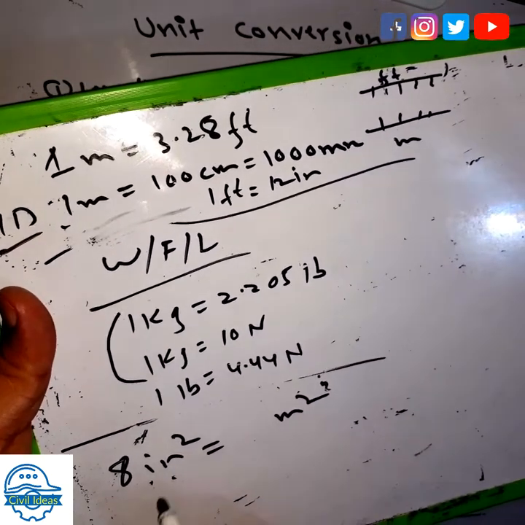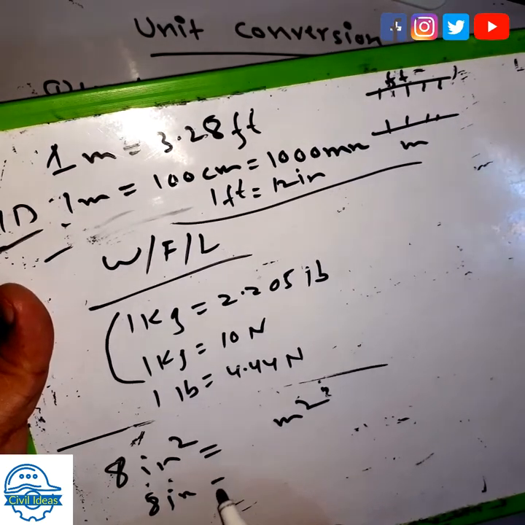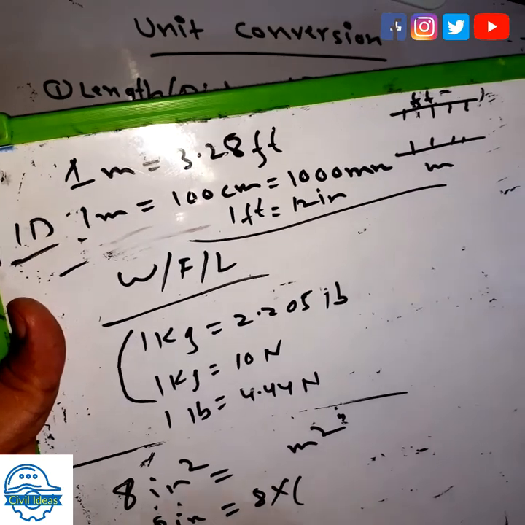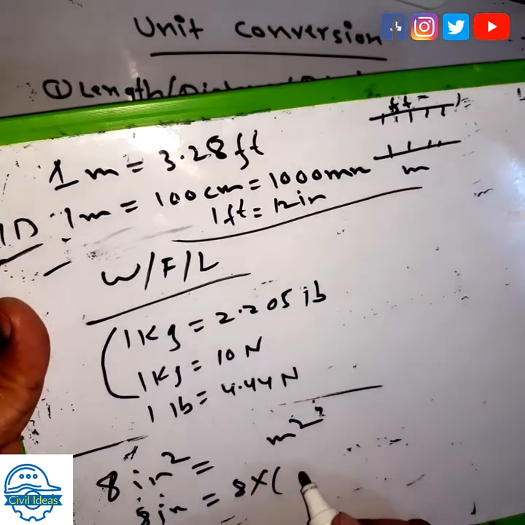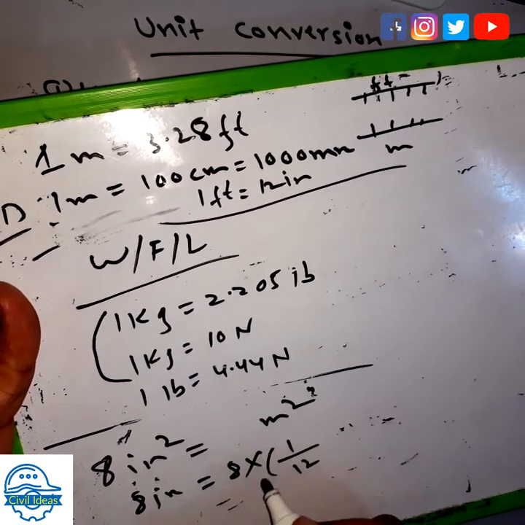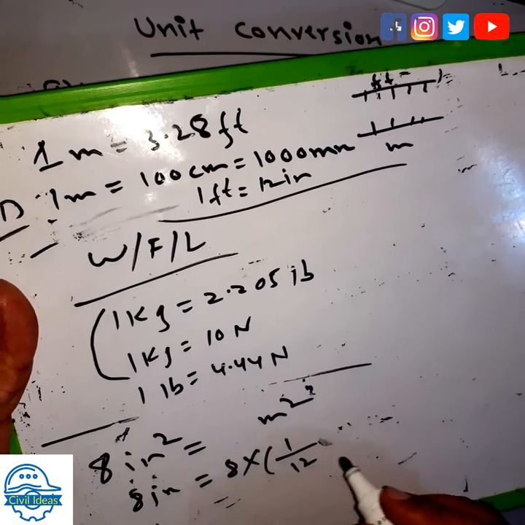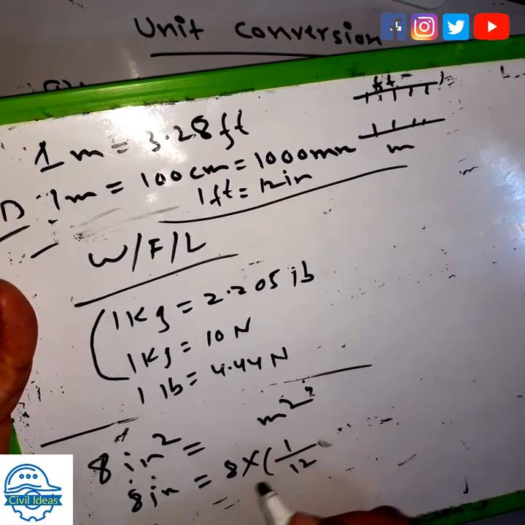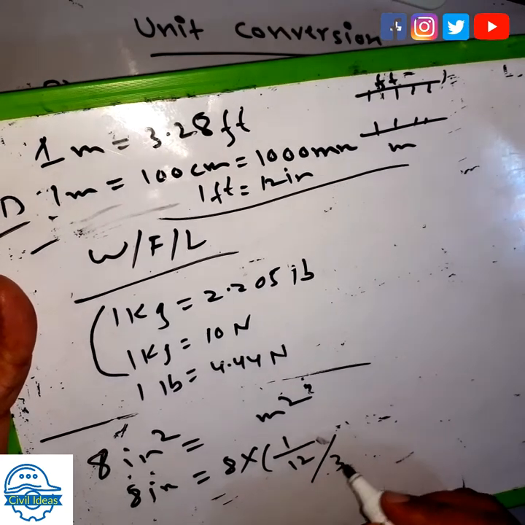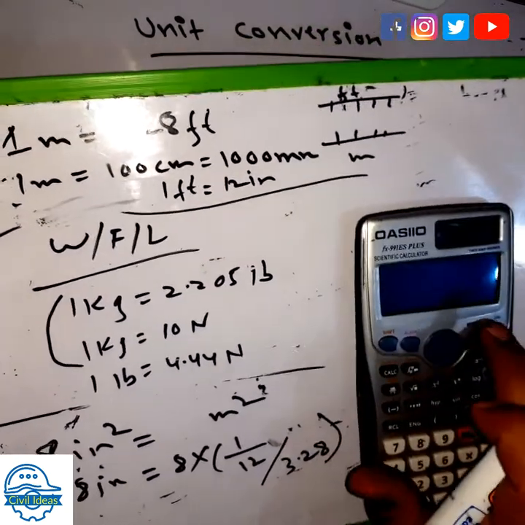You have to convert 8 square inches. First we have to convert inches into feet. So 1 foot is equal to 12 inches, so it is 1 divided by 12 per inch, and then we divide by 3.28, so it converts into meters.